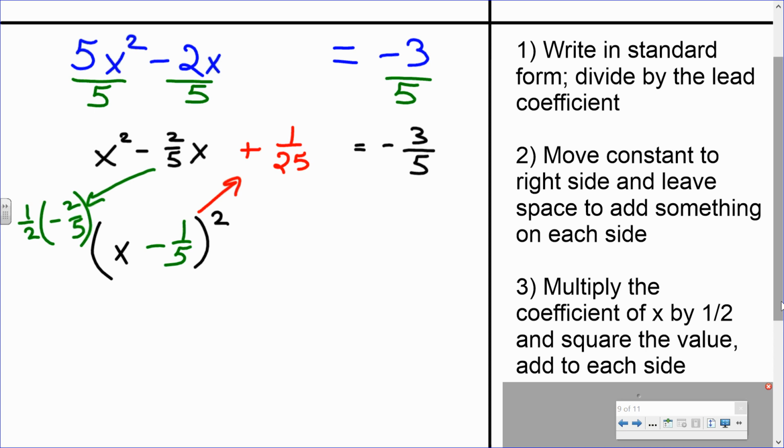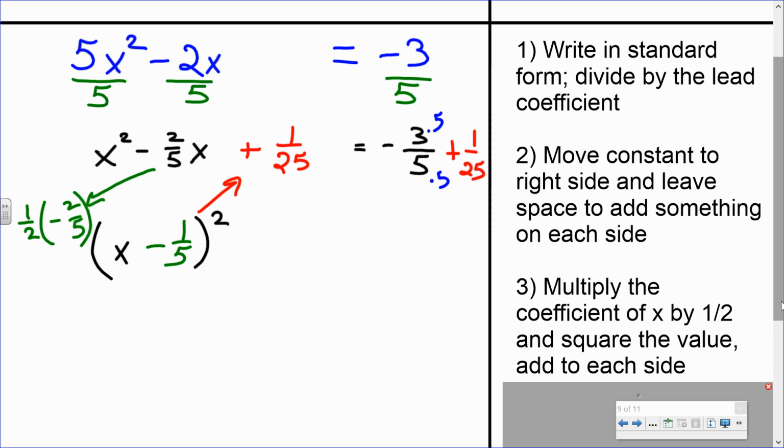So if we FOILed this parentheses, we would have this line that I've now written, including the red part. But I can't add 1/25 to the left unless I also add it to the right. Kind of coming back to you guys from last year? Good.